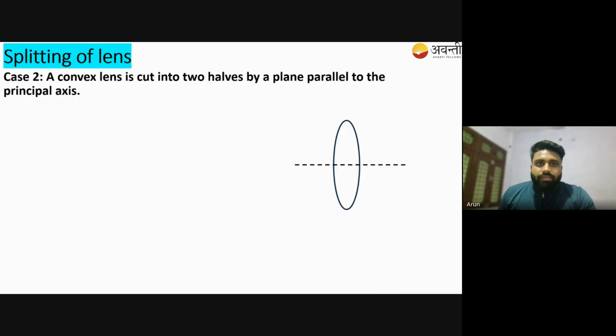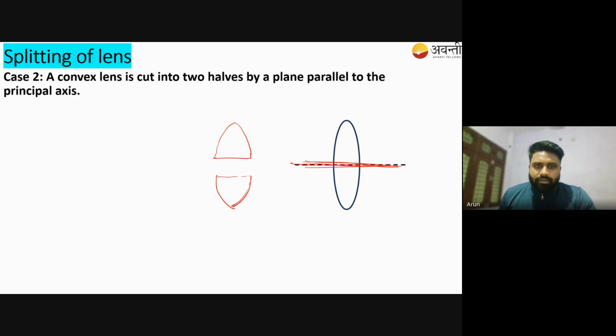A convex lens is cut into two halves by a plane parallel to the principal axis. This is case number 2. If I cut this with a plane parallel to the axis, it will become like this: this is one part and this is another part.